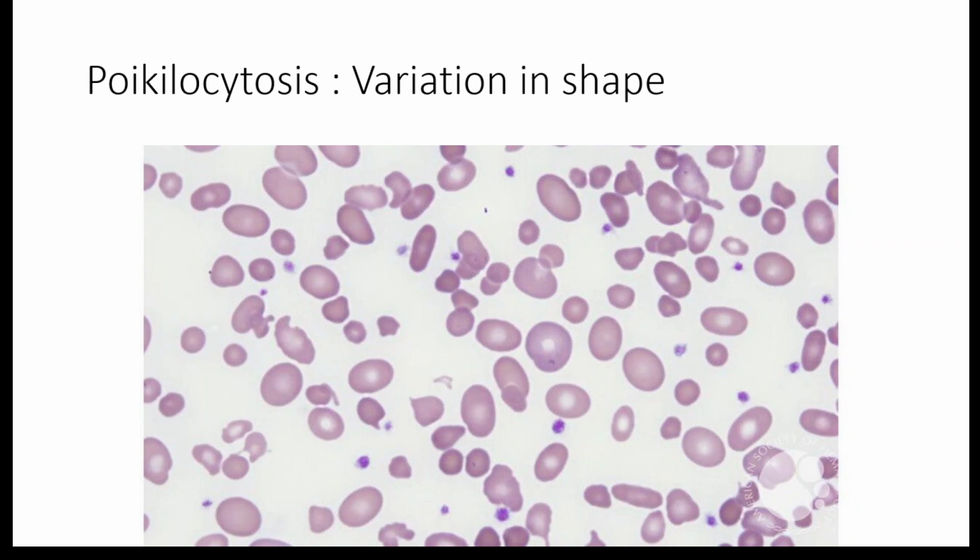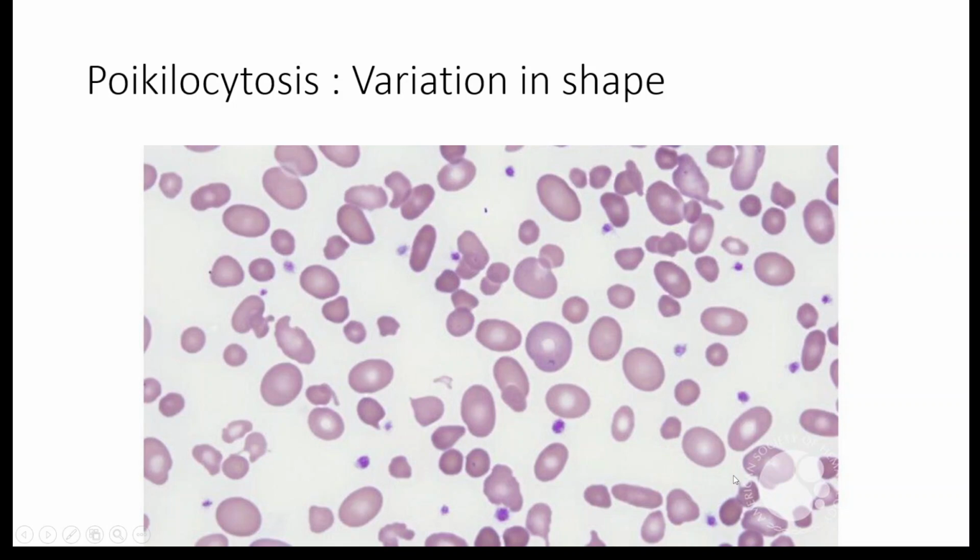Poikilocytosis is variation in the shapes of the RBCs. Now, we all know that the RBC is a discoid circular structure with a central pallor. But if you start looking at this smear, you'll find that there is an elliptical cell, there's a pencil form, there are some small forms, and then there's another oblong shape over here.